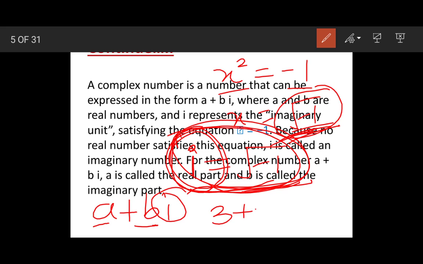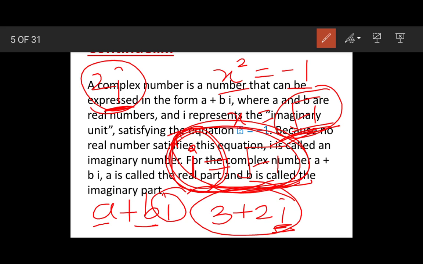So 3 plus 2i is a complex number. i means imaginary, and if there is an imaginary number, then that is known as a complex number. Similarly 2i is imaginary, so it is an imaginary part, and that's why this is known as a complex number. So a complex number is a number which combines a real number and an imaginary number.